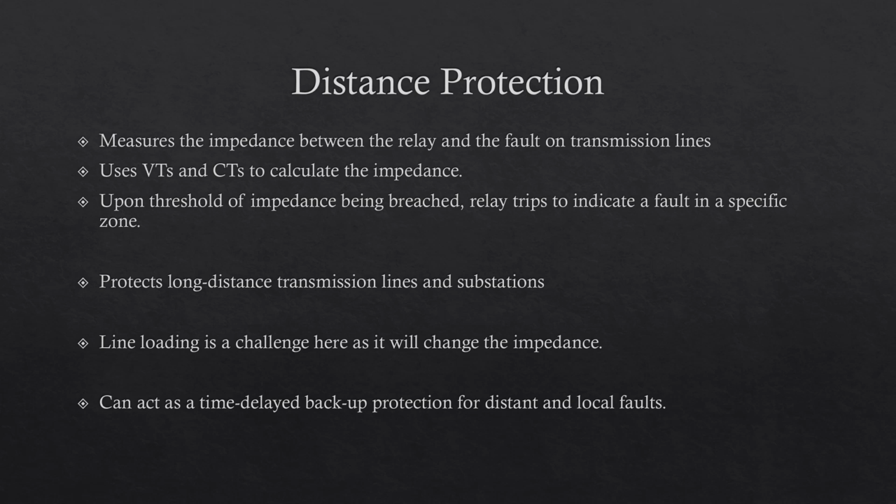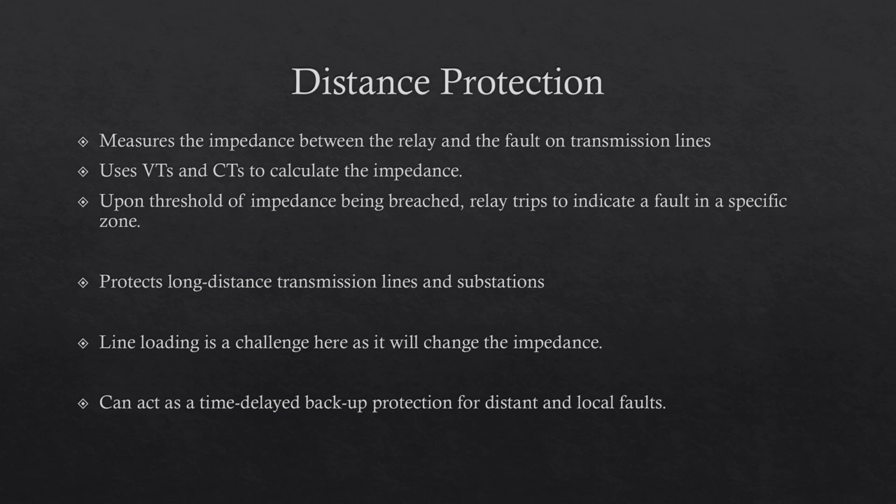And next we have the differential, where we compare the incoming and outgoing current, very fast to activate. And again, transformers and generators. We also had the high set overcurrent, which is also backup protection. Secondary protection to act at a slower rate than the low voltage primary protection. Again, stressing at a delayed rate.